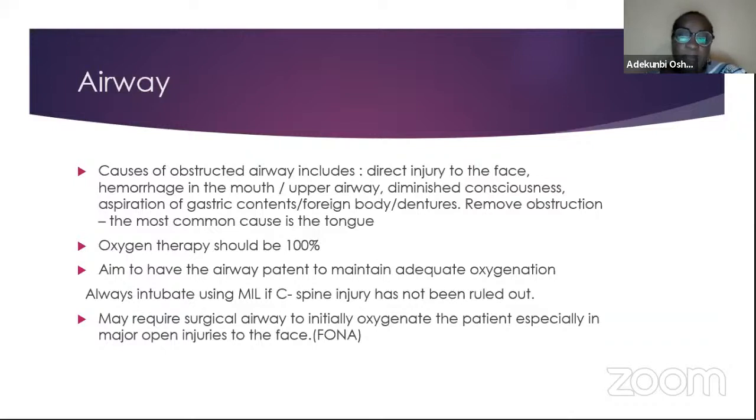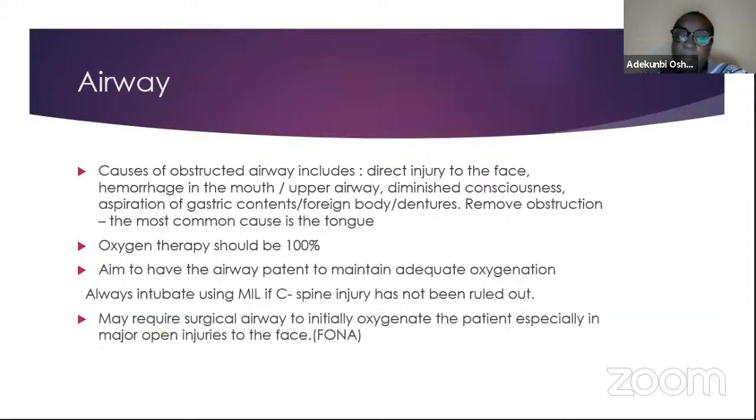Let us never forget that the most common thing that causes airway obstruction in this patient is the tongue. And simple procedures such as chin lift and jaw thrust can help to just maintain the airway in them. Oxygen therapy in this patient must always be 100%, and always aim to make sure that you give adequate oxygenation.